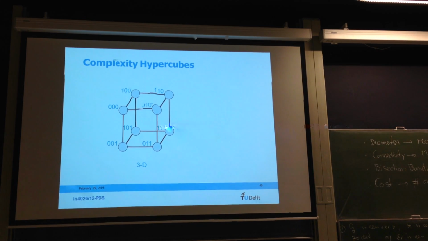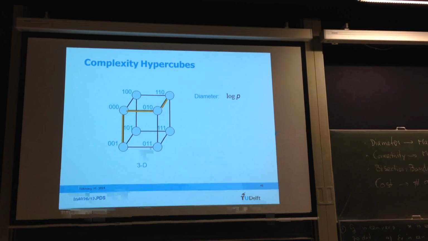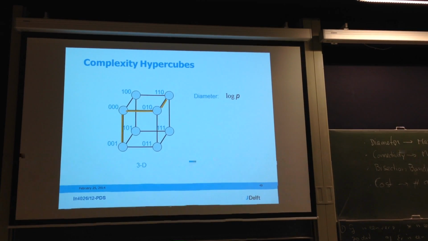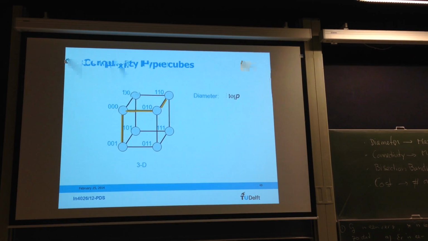Hypercubes. This is a 3D hypercube. So the diameter we already discussed, right, in the hypercube is log p, and it was one of the nice characteristics of the hypercube, that the maximum distance is always log p. Now what about the connectivity?